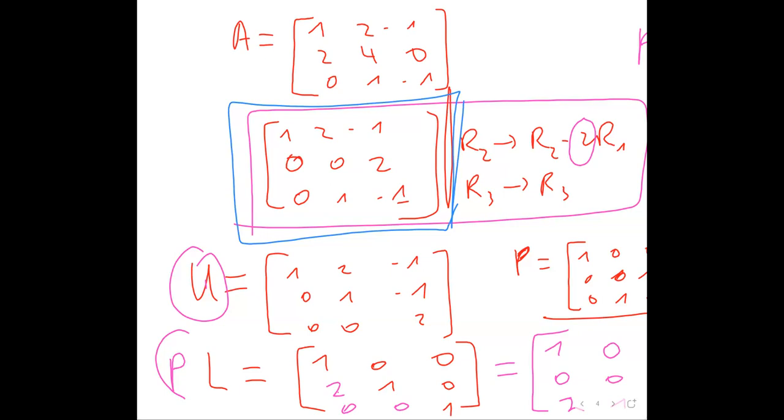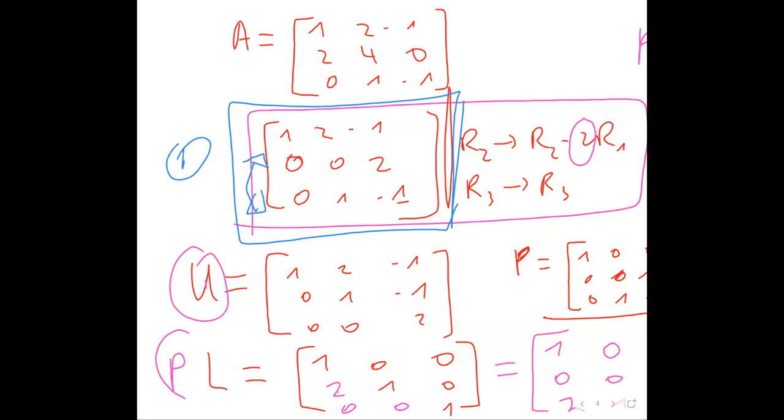To overcome this challenge, we introduce the idea of row exchange or column exchange. When you get to this point, you cannot go further with the Gaussian elimination techniques. So the idea is that if you can change the row, then you can continue.